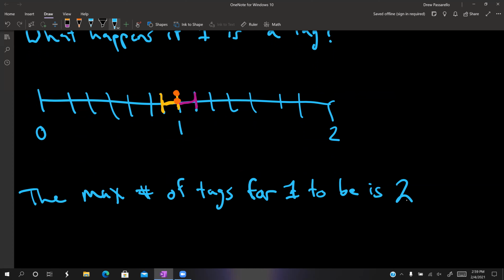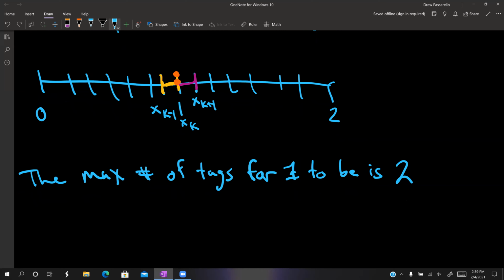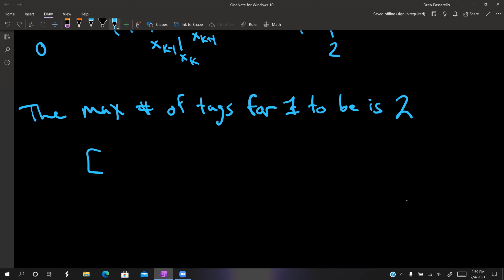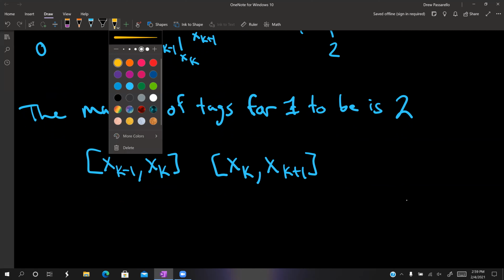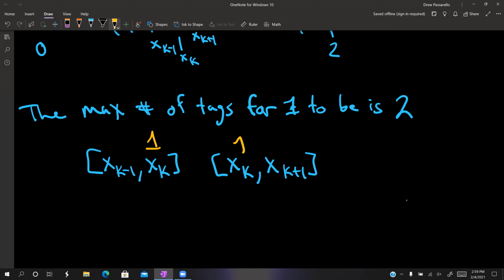All right, so let's say this is x subscript k minus 1, and then 1 is at xk, and then this is xk plus 1. So it's possible that for our tagged partition, we have an interval xk minus 1 to xk, and then xk to xk plus 1, where 1 is xk.